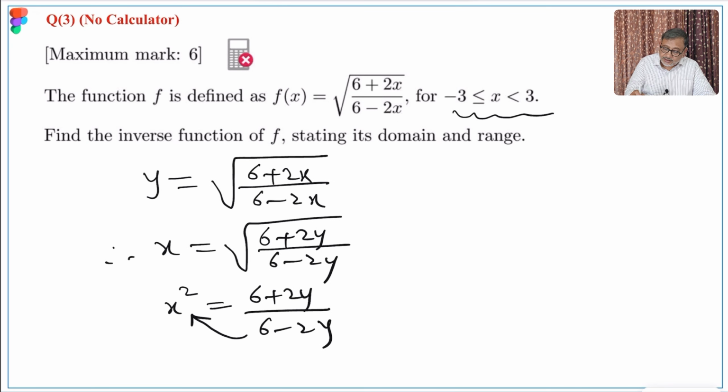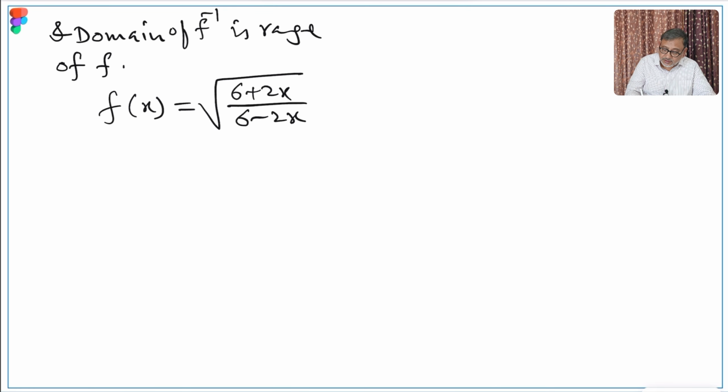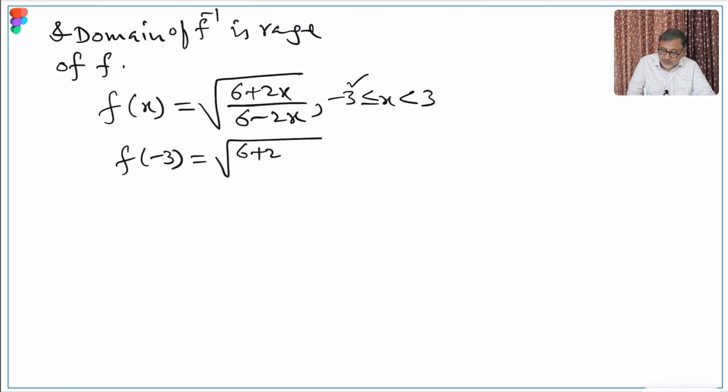Okay, and its domain was minus 3 less than or equal to x less than 3. Okay, so minus 3 is the value, so minimum value we will put f of minus 3, square root of 6 plus 2 into minus 3 over 6 minus 2 into minus 3.